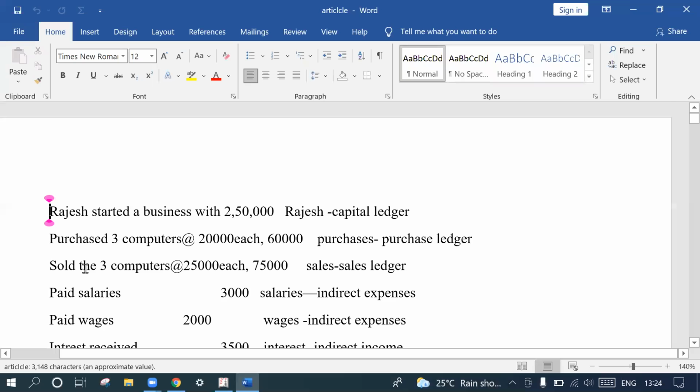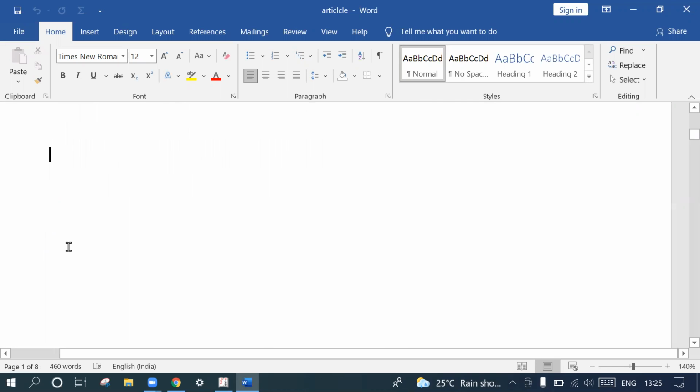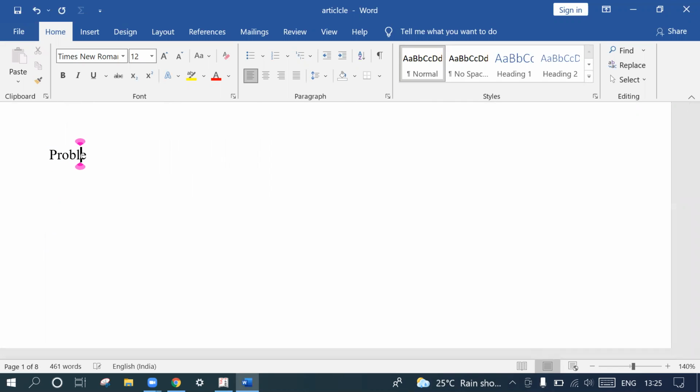So the problem is here. Anushka started the business with 25 lakh rupees.